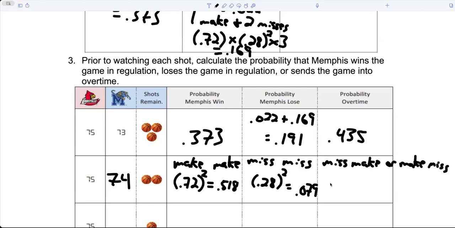So that's going to be 0.28, he misses, times 0.72, he makes it. And there are 2 different ways to do that, so we're going to multiply that times 2. So 0.28 times 0.72 times 2, that's going to give us like 0.403.